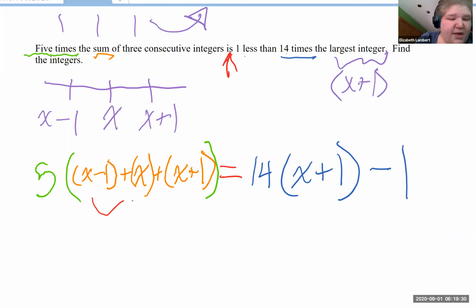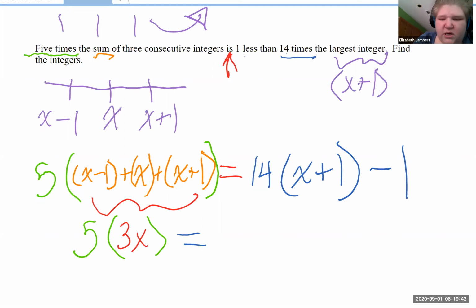So this whole thing is now just 3x. I still got the outer parentheses there in the 5. And then over here, the x plus 1, those are not like terms. One has a variable, the other doesn't. So we're just going to leave it.